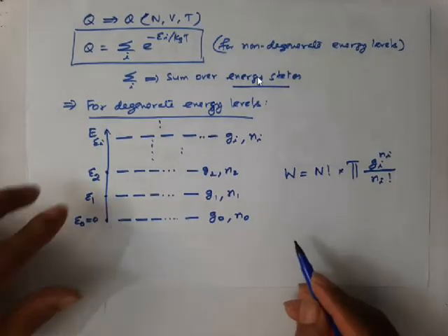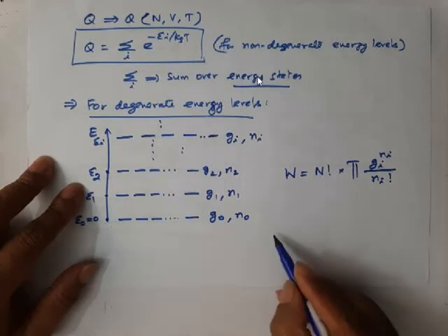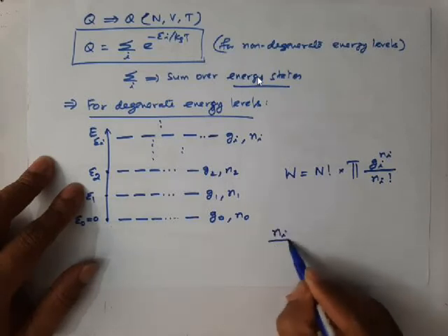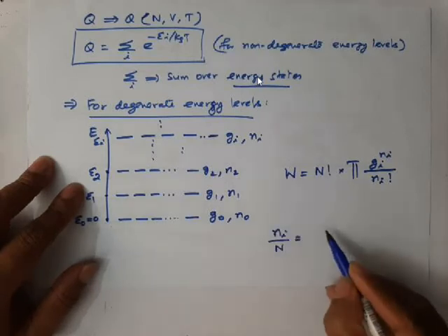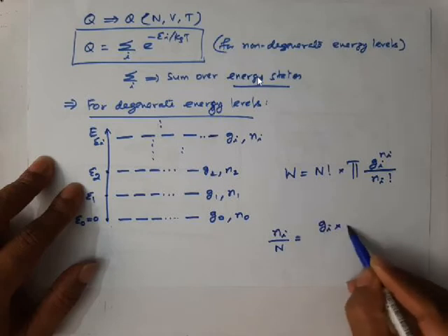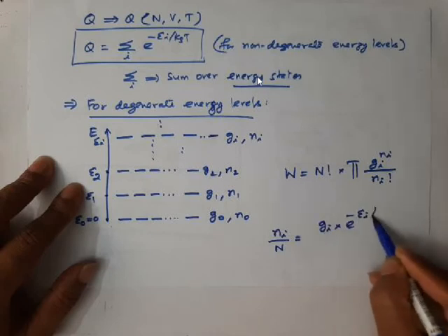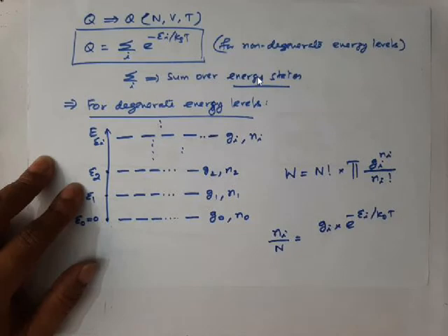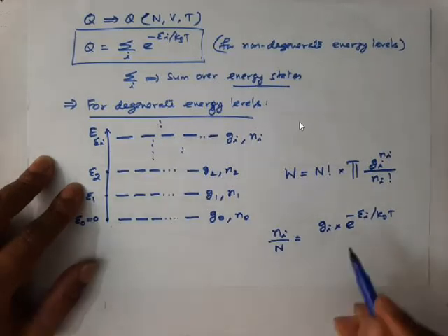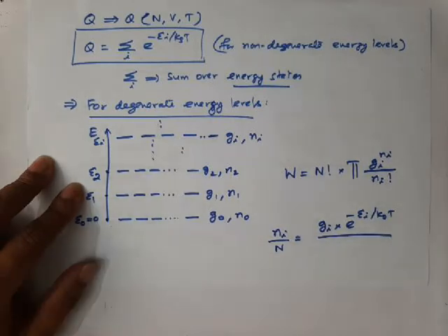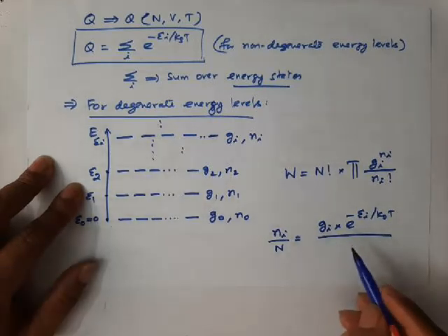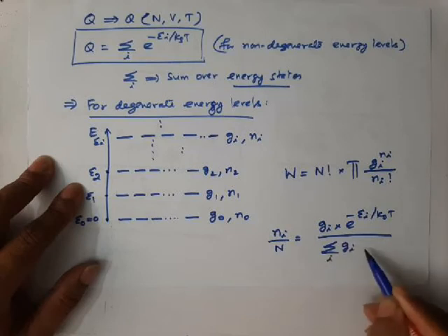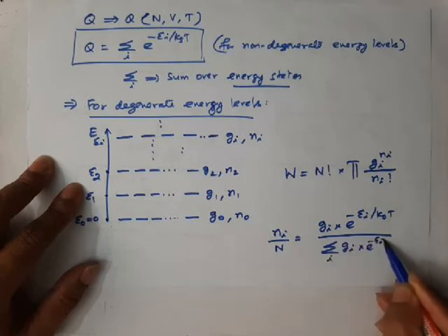So, what is the final expression? The final expression is: Ni by N equals Gi into e power minus Ei by kBT, over the summation of Gi into e power minus Ei by kBT.